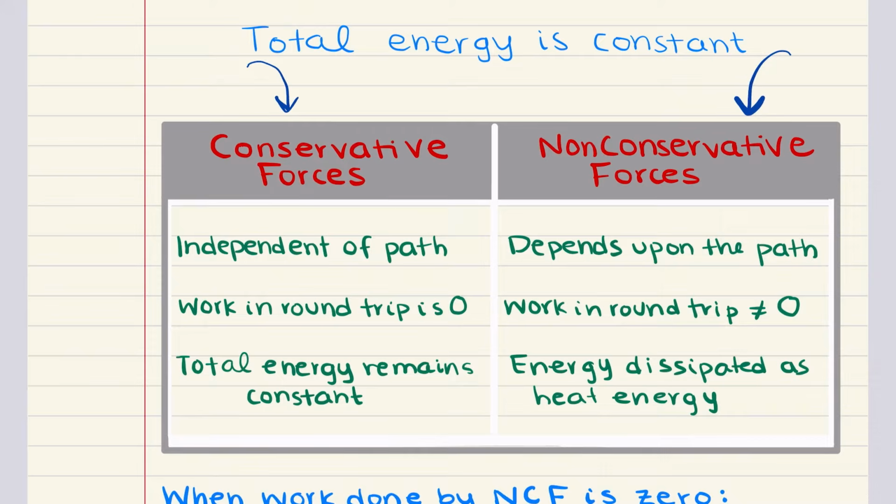forces. Conservative forces are forces that are path independent and do not dissipate energy. These forces, like gravity or spring forces, have associated potential energies. The work done by a conservative force then depends only on the initial and final positions of an object and not on the path it takes.